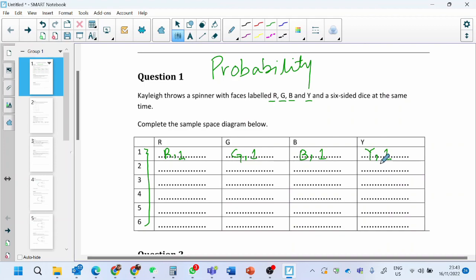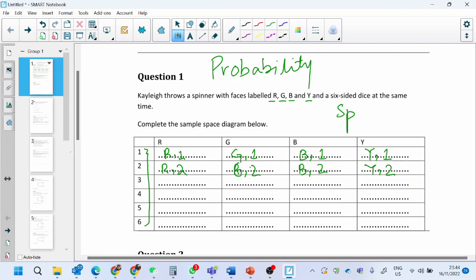Or there can be another combination with R and 2. G and 2 can also be, B and 2 can also be, and Y and 2 can also be. In the same way, you have to fill all of this sample space diagram.